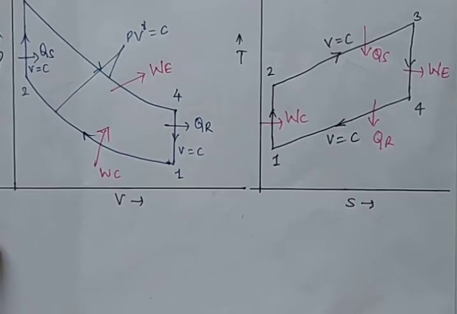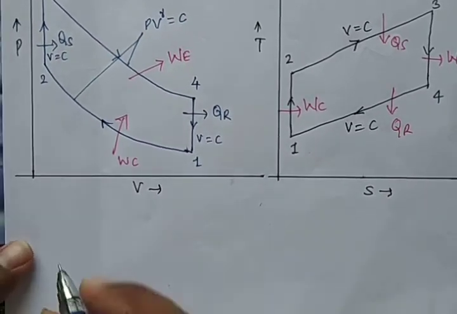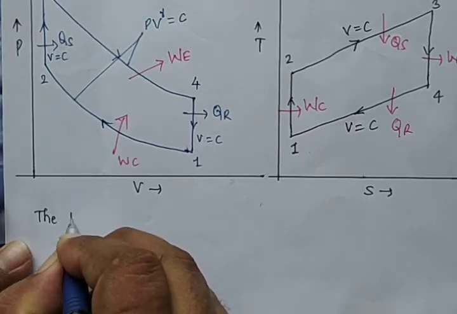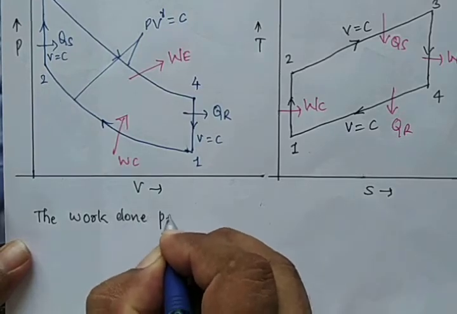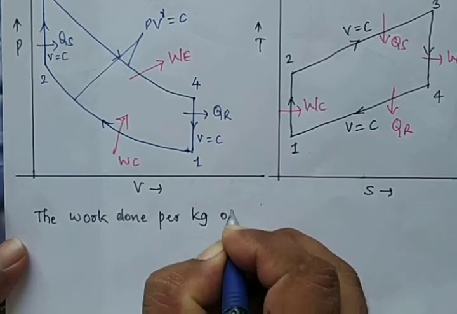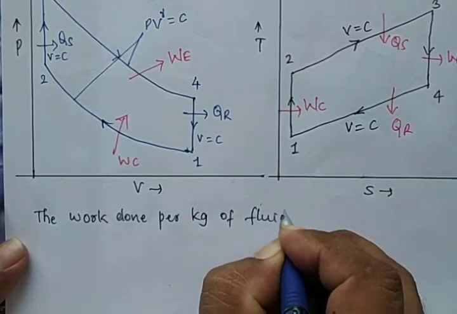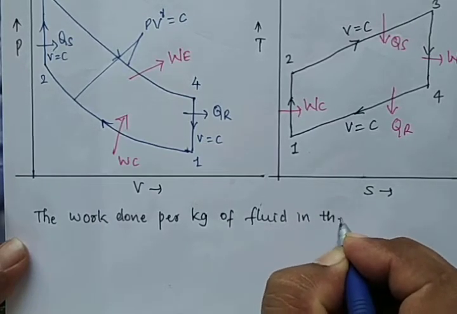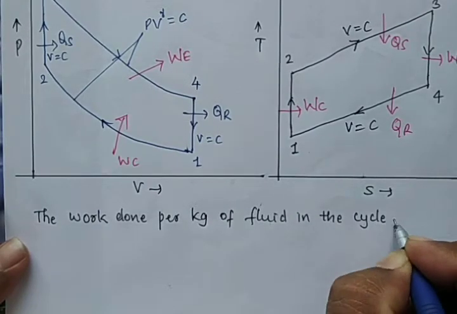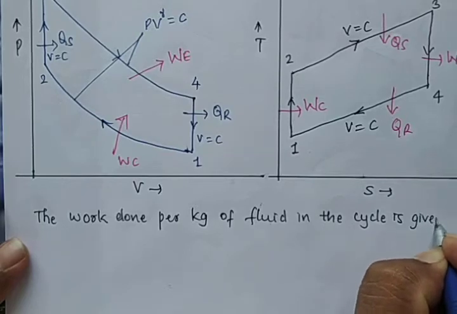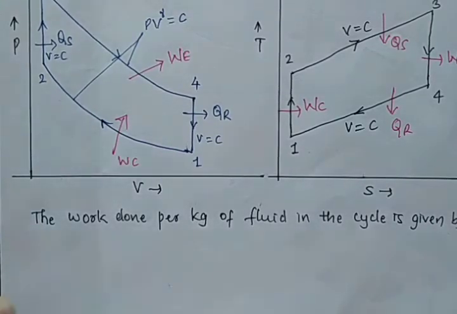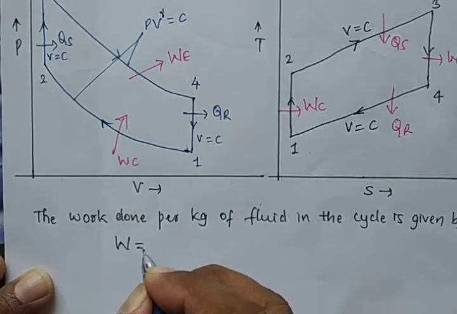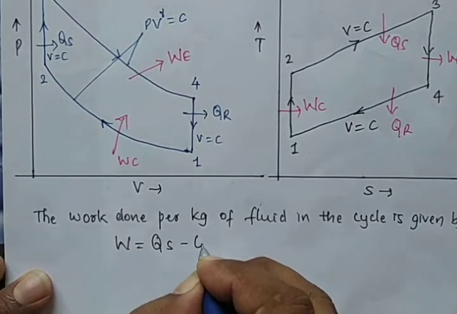So I will write the equation for work done now. So the work done per kg of fluid in the cycle is given by W equal to QS minus QR.